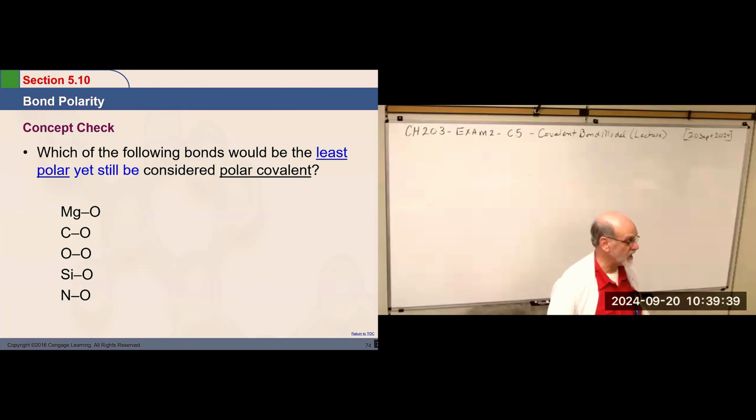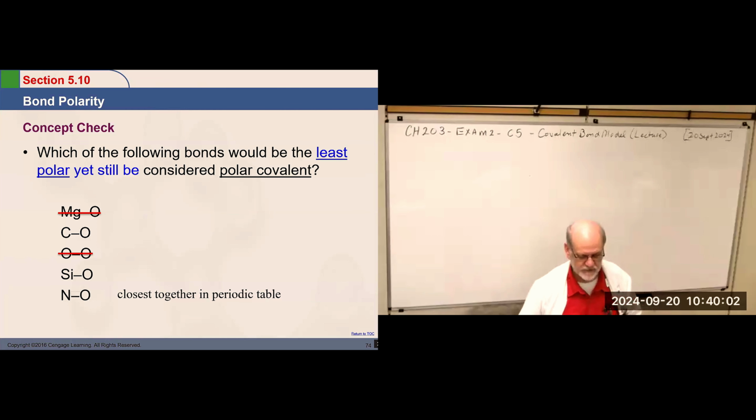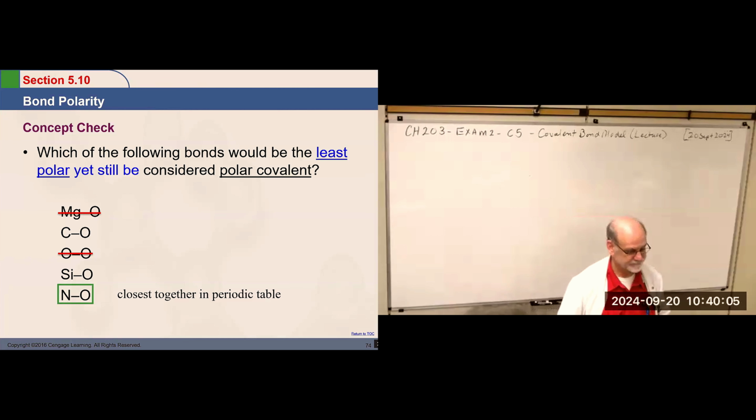Oxygen is not polar at all, so it goes out too. So magnesium, oxygen, silicon are out. We compare carbon and nitrogen to be the least polar. Carbon, nitrogen is right next door to oxygen, so I'd say that'd be the least polar, wouldn't you? Right, we cross those out. Those are the closest together in the periodic table.